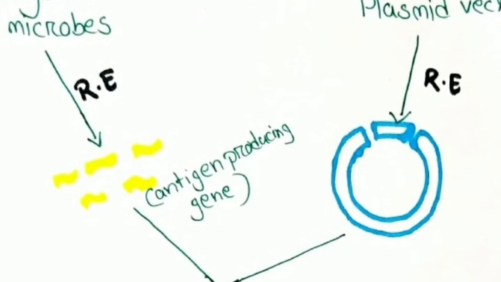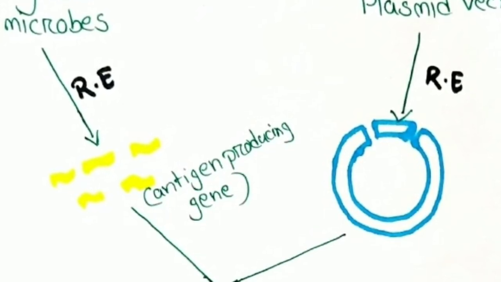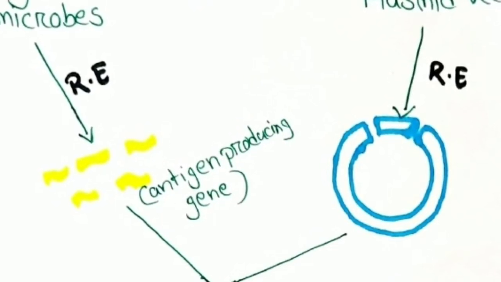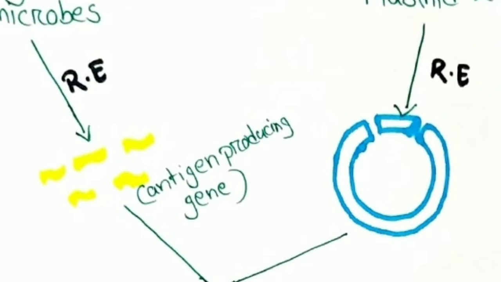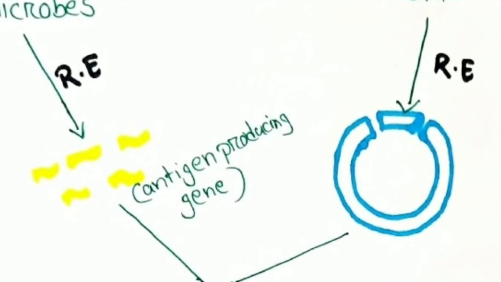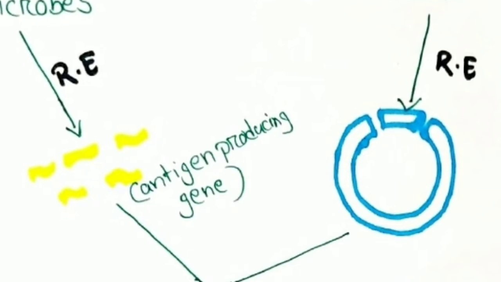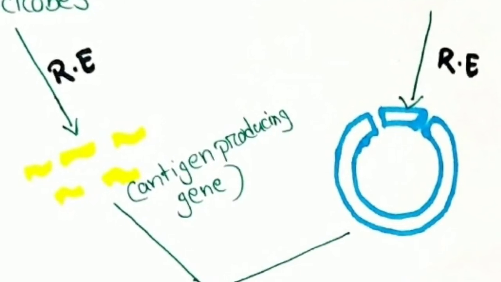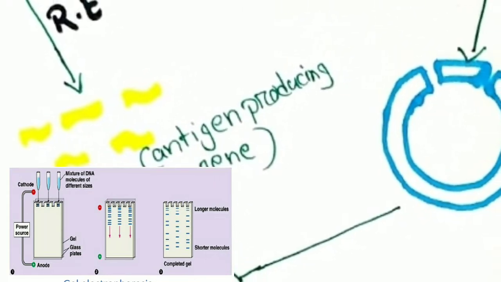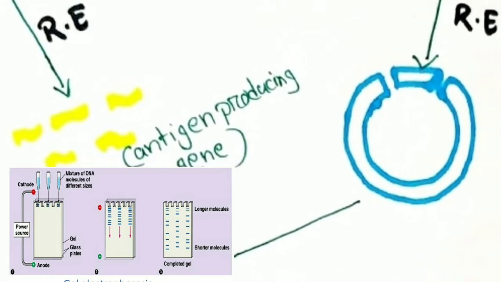After this fragmentation, using the gel electrophoresis process, separate those fragments and isolate the desired DNA fragment, which is used for the production of vaccine. After isolation of that desired DNA fragment, the third step is amplification.